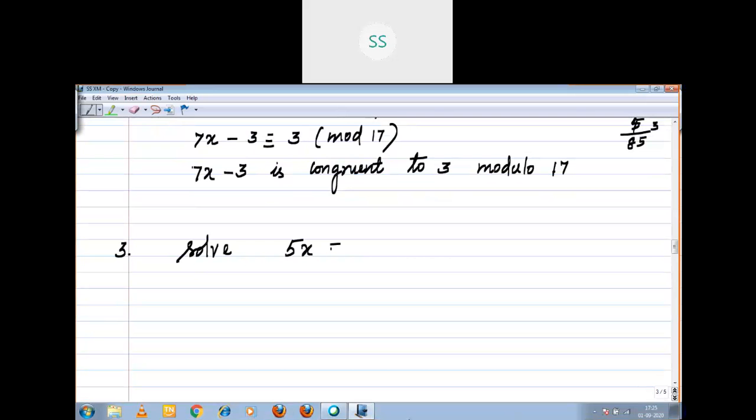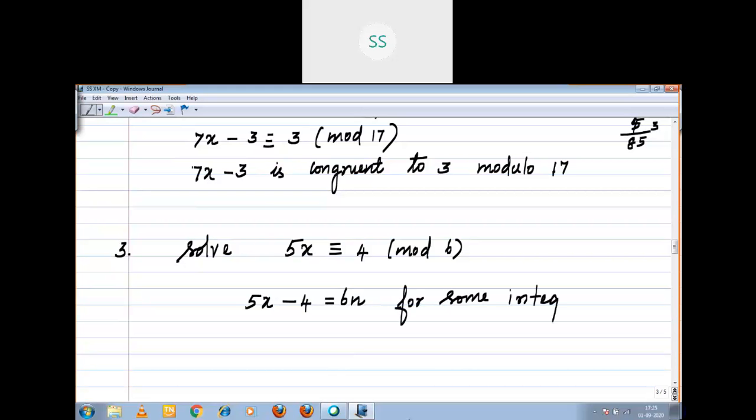5x congruent to 4 modulo 6. Normal procedure, what is it? 5x minus 4 equal to 6n for some integer n.